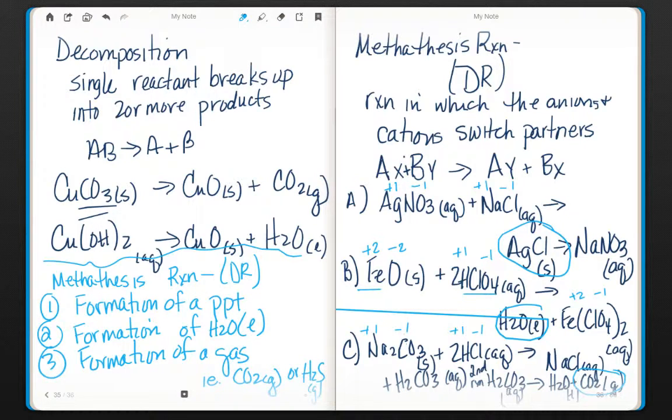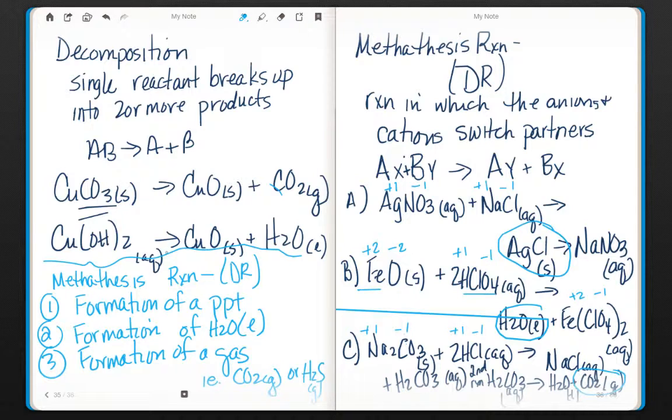So, in a double replacement reaction, what I'm trying to tell you is if we don't have the formation of one of these 3 things, then a reaction doesn't take place. So when I put salt in water, NaCl and H2O, there's no reaction because I don't form a precipitate, I don't form liquid water, and I don't form a gas.